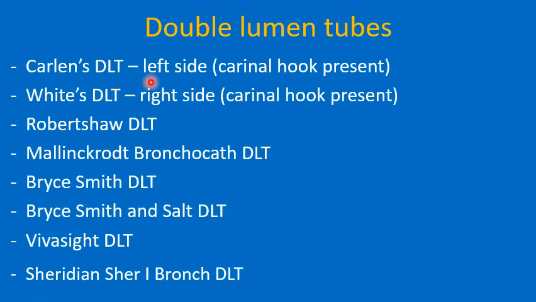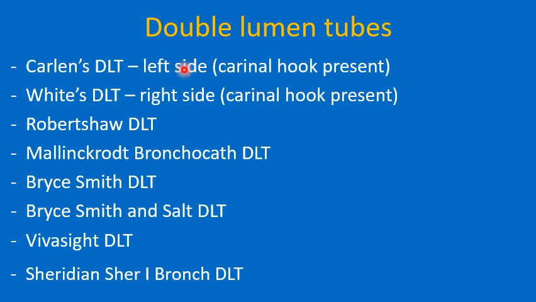Now we shall see the different types of double lumen tubes. Basically, all double lumen tubes are more or less a modification of the Carlens tube. The Carlens tube was first introduced, and it is a left-sided tube with a carinal hook. And the White's double lumen tube is a right-sided tube. It also has a carinal hook.